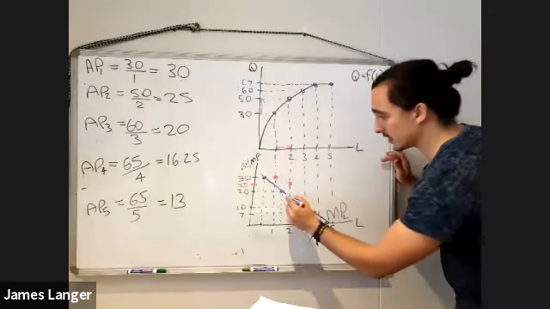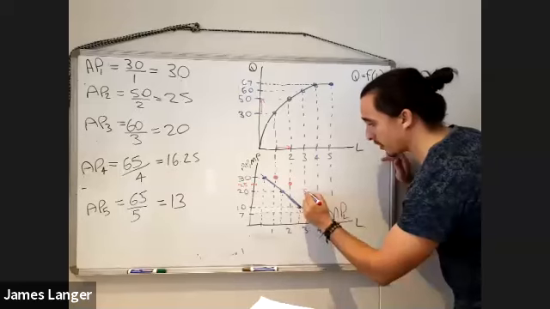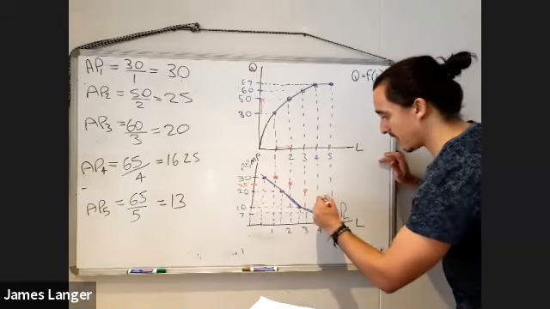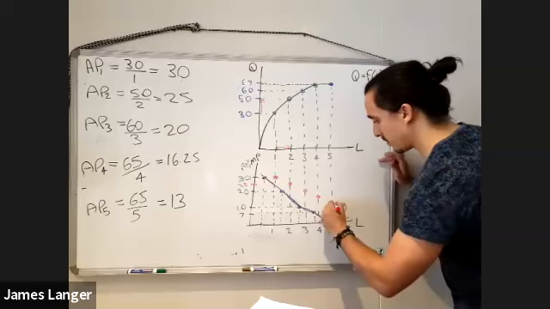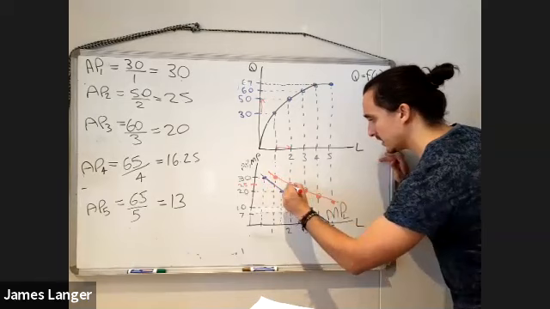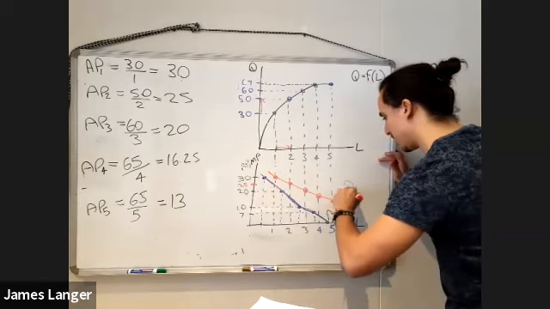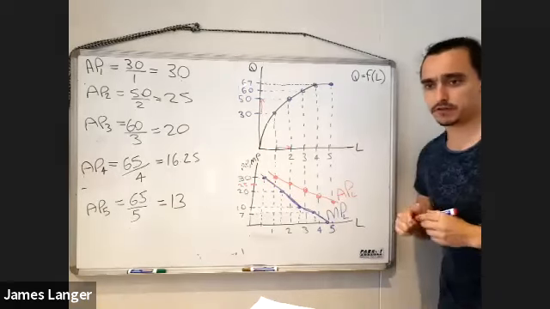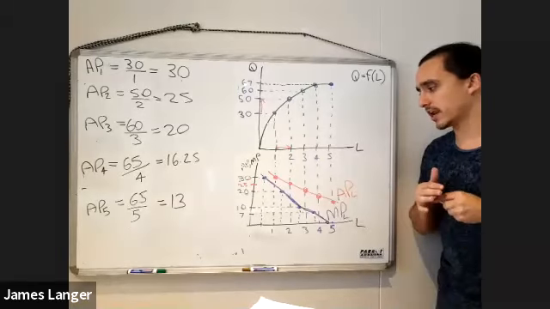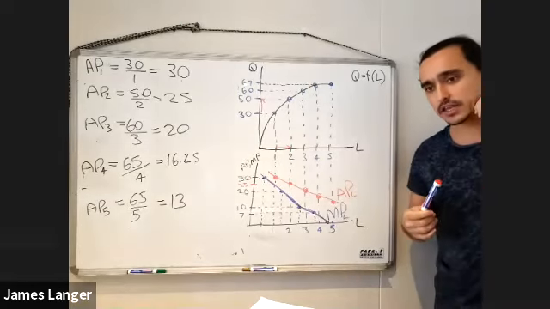Then we've got 20 for the average product of the third one, right? 16.25, right? And 13 would be somewhere along there. So we can see that that is my average product of labor curve. Is everyone comfortable with that? You can fill in the numbers if you want to. I don't want to spend too much time on that at this time.